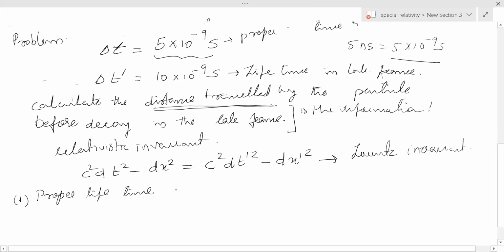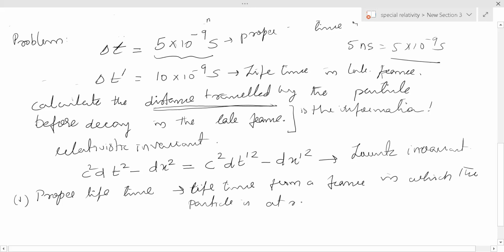Proper lifetime means the time measured in a clock attached to the particle. It's the lifetime from a frame in which the particle is at rest. So we are looking at the particle from a frame in which the particle is at rest.